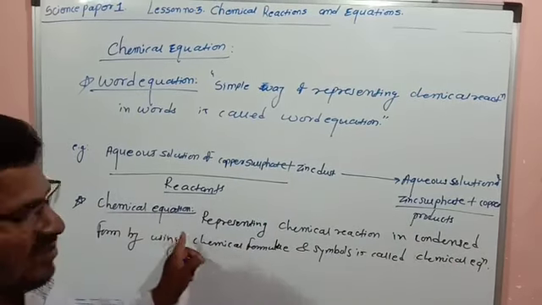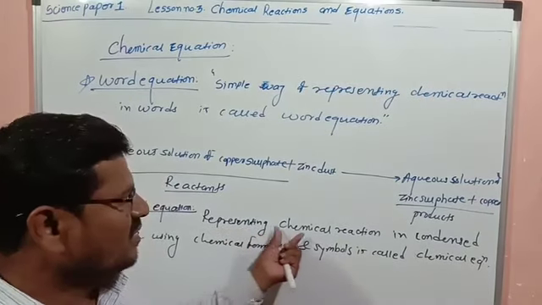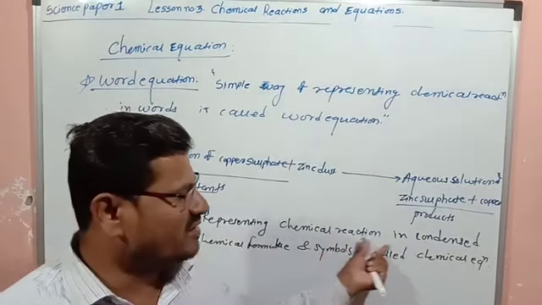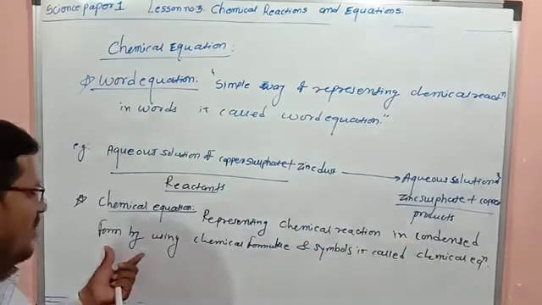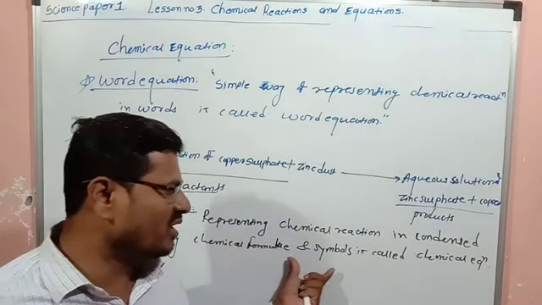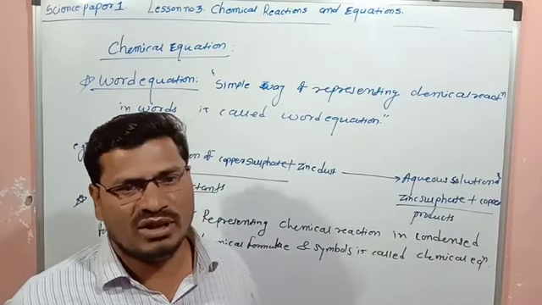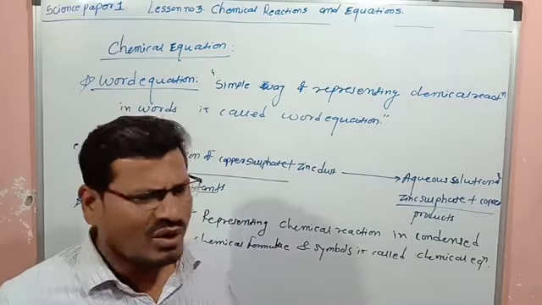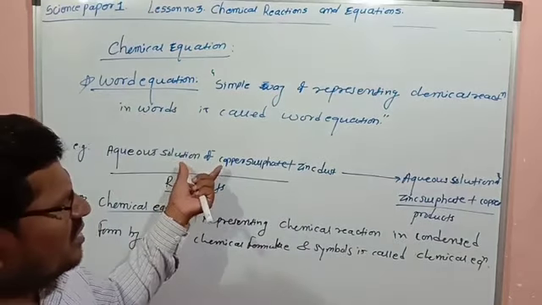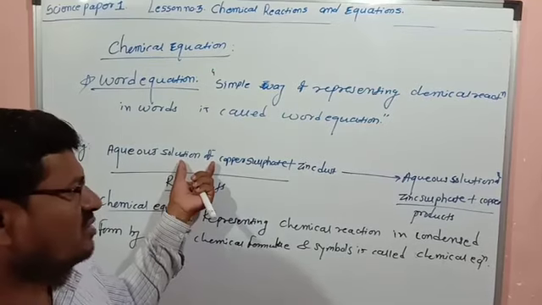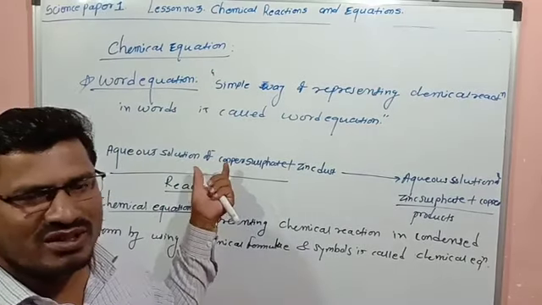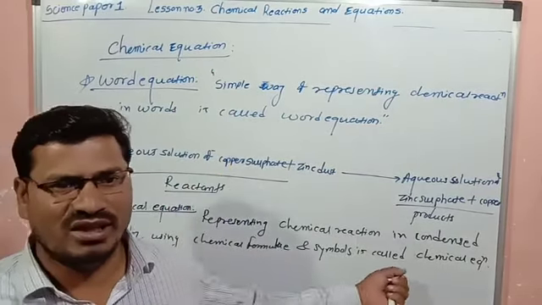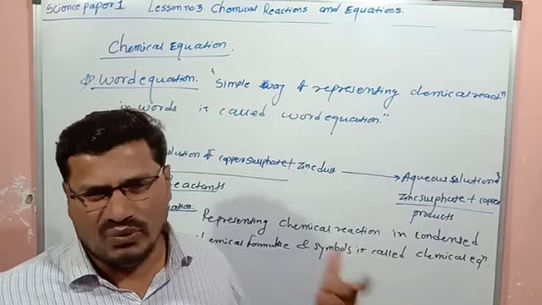So what is the chemical equation? Representing a chemical reaction, a chemical change, in the condensed form by using chemical formulae and symbols. If you use symbols and chemical formulae for these reactants and products, then it gets converted into a chemical equation.